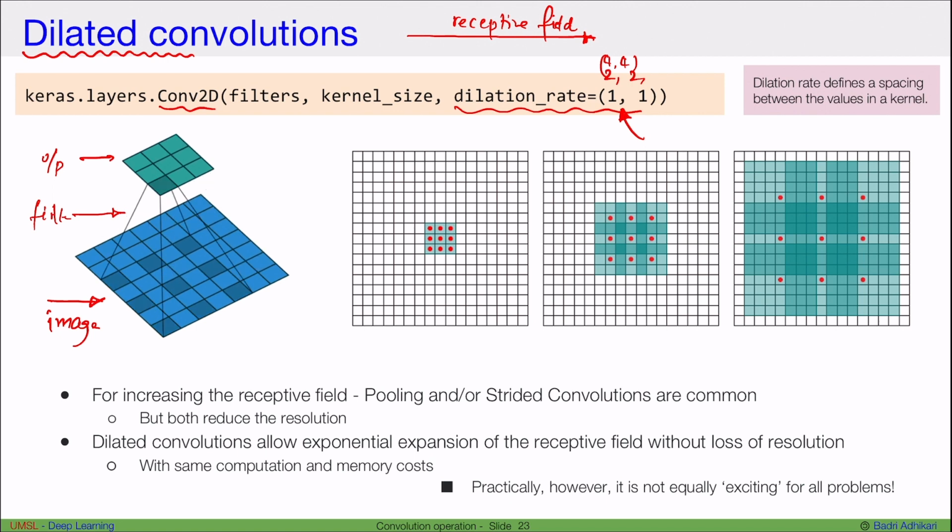But here, you can see that there's a spacing between the elements in the filter, such that the filter does not multiply the first, second, third, fourth, fifth, sixth, seventh, eighth item, but instead it skips one position and multiplies with items by skipping the position.